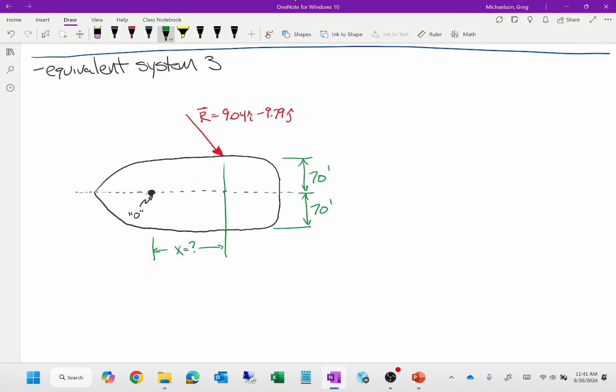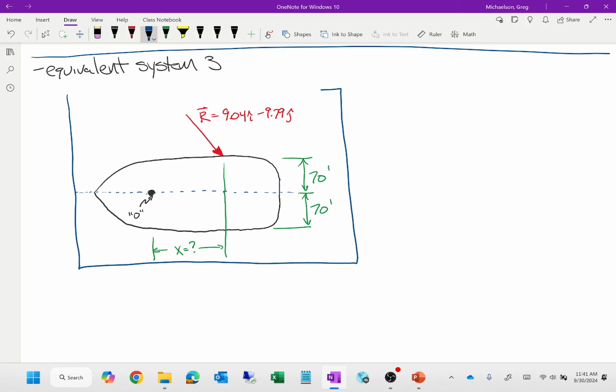Well, here's how I'm going to figure it out. Okay, I propose that's system 3. For systems to be equivalent, they must have the same sum of forces and what?